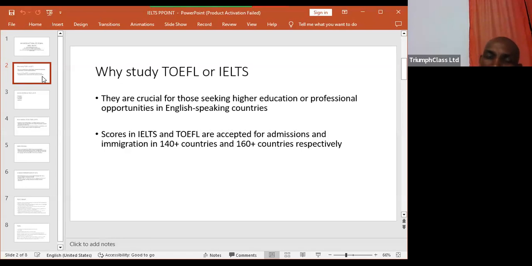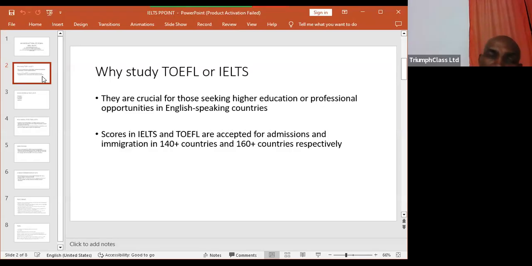It is not only for these reasons, there are also other reasons. For example, immigration. There are some people who want to immigrate to other countries, especially English-speaking countries. Those immigrants have to do such tests, TOEFL or IELTS.